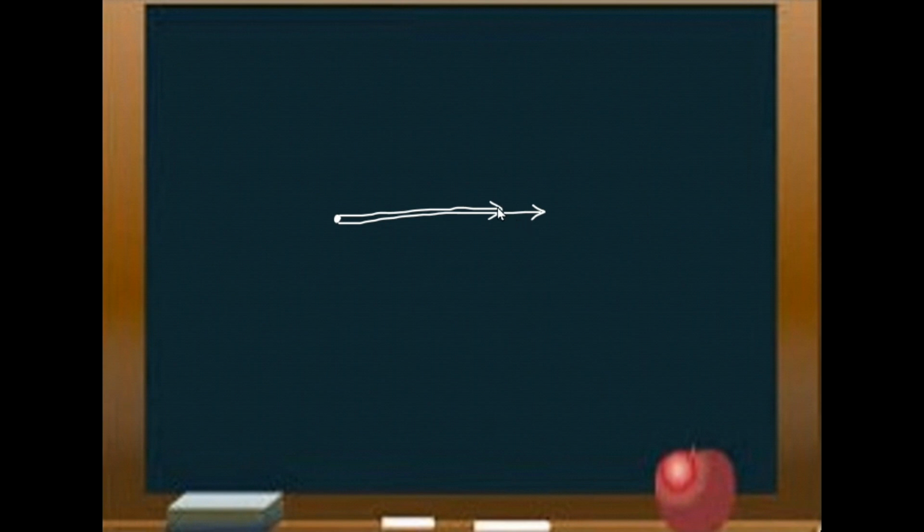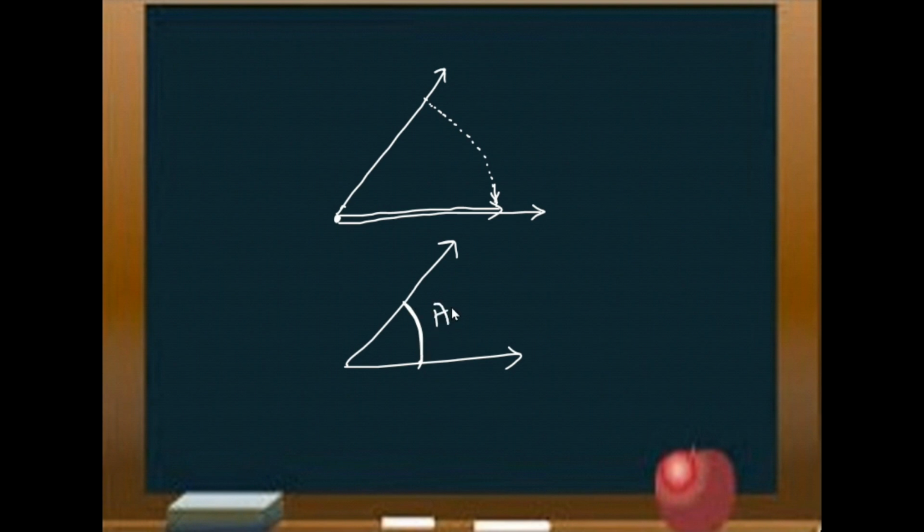Now if one of the rays starts moving in the upward direction, and suppose it comes to this place and stops, you get something like this. And this space in between the two rays is denoted as an angle.